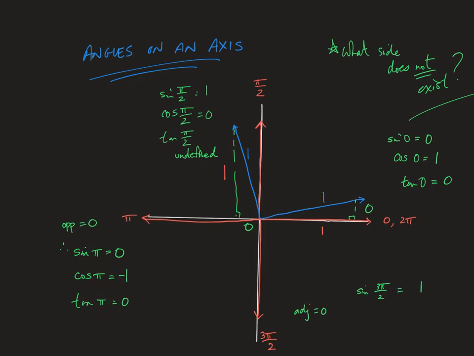I just have to remember that I'm going down, so my opposite side is negative. My cos of 3 pi by 2, well, cos is adjacent, and since the adjacent side is 0, it's 0. And my tan of 3 pi by 2 is asking me to take my opposite side and divide it by 0, therefore I am undefined.